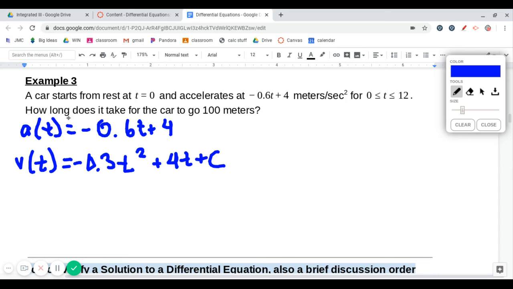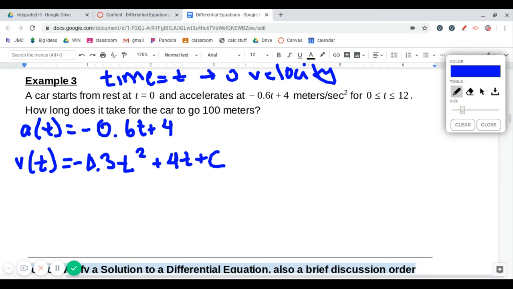That's given right in the beginning. The car starts from rest. That's the key here. That means they're starting at 0 velocity. So at time equals 0, we have 0 velocity, because we're starting from rest.